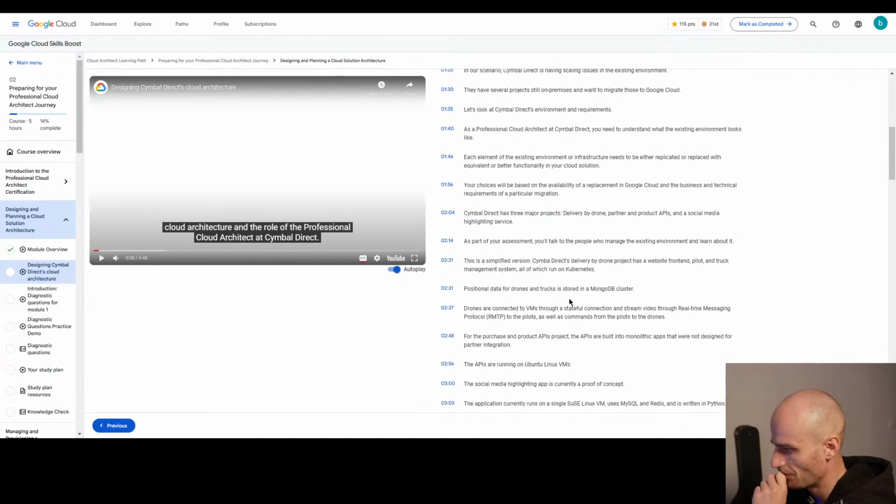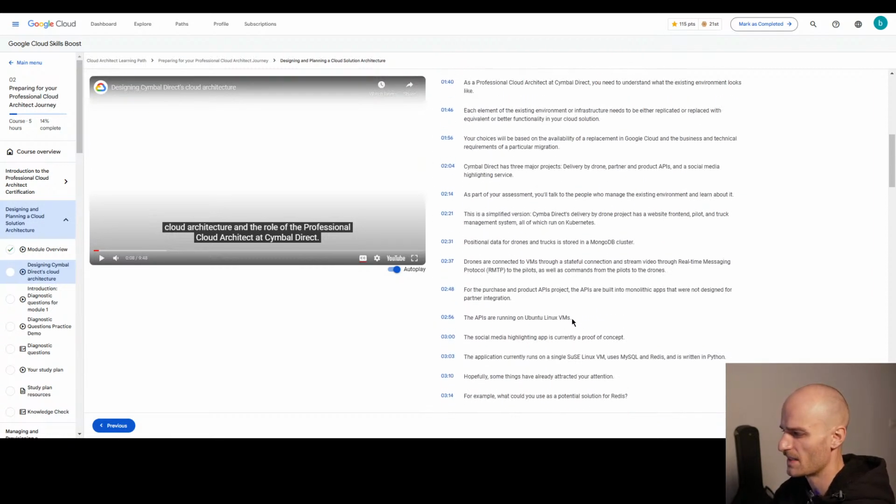Then there are more details about the 3 main technical aspects, the 3 main projects this company has. I remember they have drone delivery, then they have this image highlighting the socials, and they have this other thing managing the track management system, which I'm not sure about.